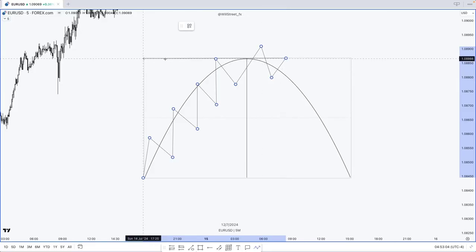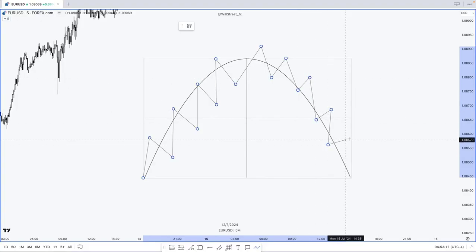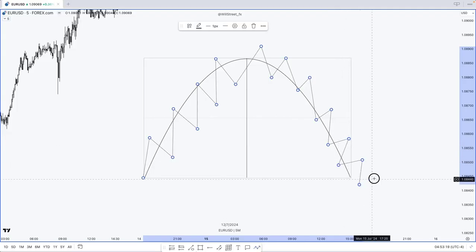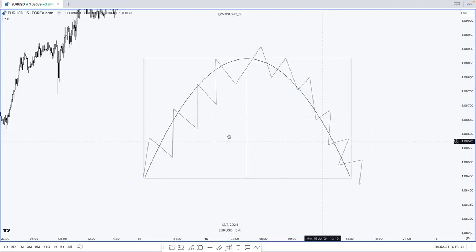In this case, remember the second one, it is a range high of the high time frame range, which also could be the order block. Okay, so where do we want to sell? On the right of the curve always.